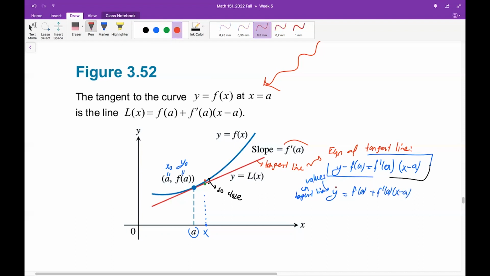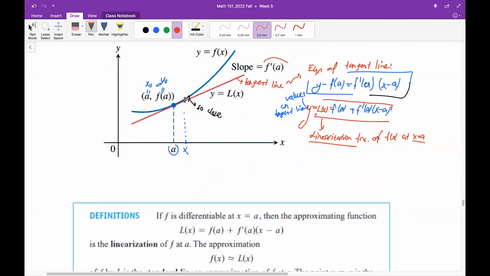And from now on, we will name this function the linearization of f at the point x equals a, okay? Now I am defining the linearization function as the same as the values on the tangent line. So this function is the definition of the linearization function of f of x at x equals a. What is the importance of the linearization function?